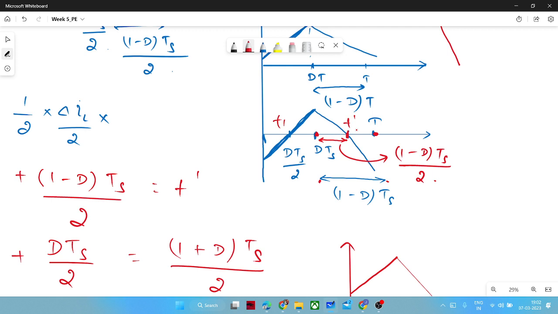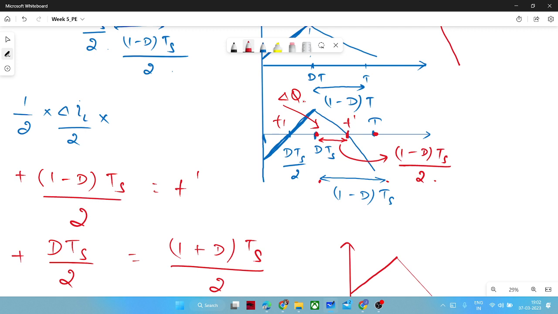So if we know the T1 or T dash minus T1, then we can compute this area, right? Otherwise, how will you compute that area? We know the length, right? Now we know that the first intersection is dts by 2 or dt by 2, and the second intersection is 1 minus d. I agree with you. Now we know. So my next step is just to compute the area.